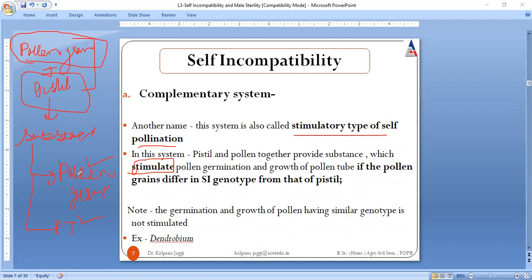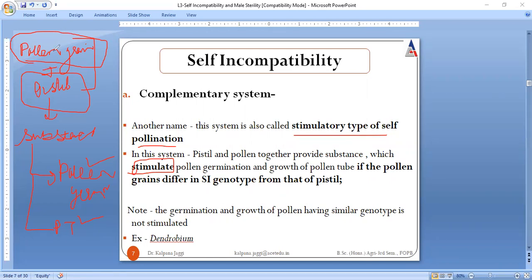That means pollen germination and pollen tube growth will take place only if the pollen grains differ in self-incompatibility genotype from that of the pistil. If both have different genotypes, then only the interaction between the two is going to produce the substances which later result in pollen germination and growth of the pollen tube, right?